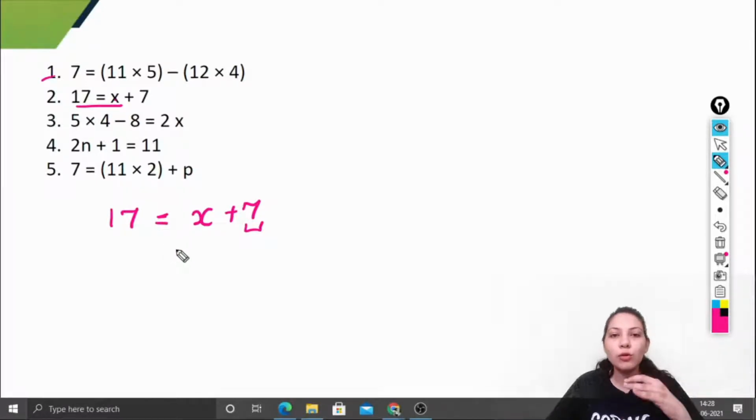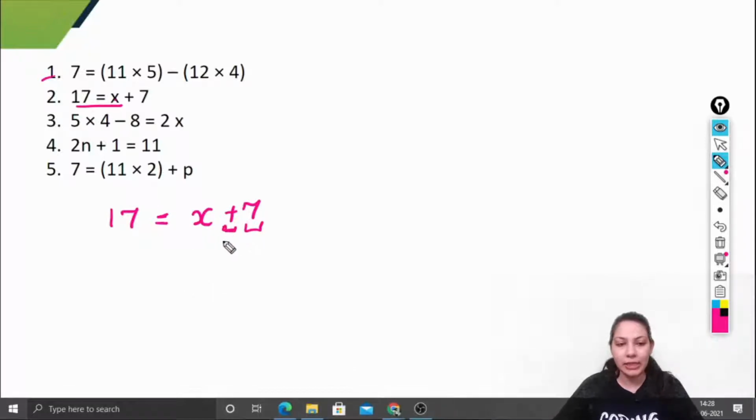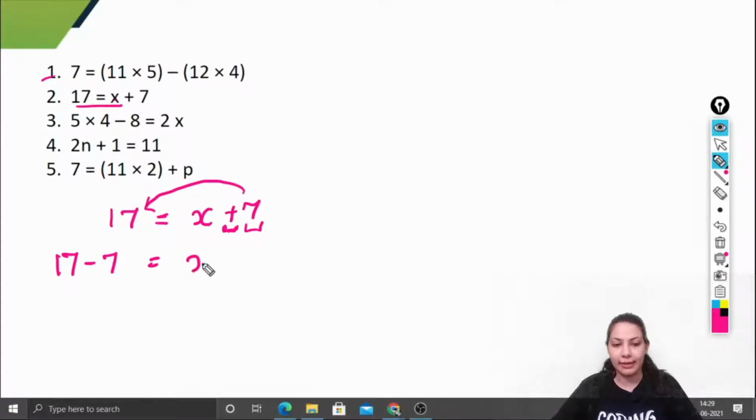Now if you move any number to the other side of the equality, the sign of the number changes. What does this mean? The 7 here is positive, and if I shift this 7 to the left hand side of the equation, then the sign of the 7 will change from positive to negative. So the result is 17 minus 7 equals x.